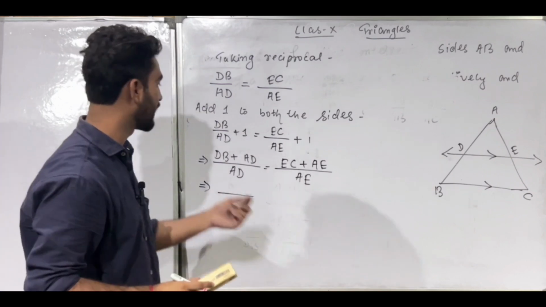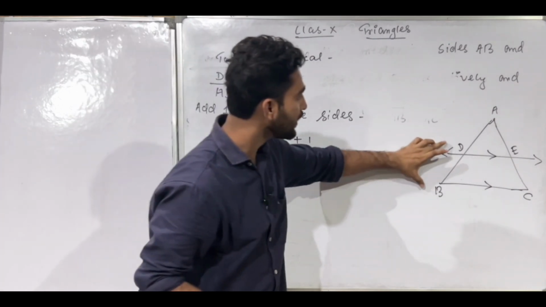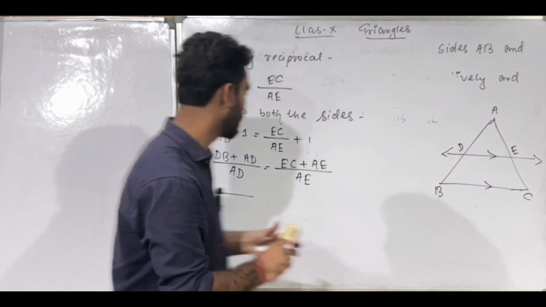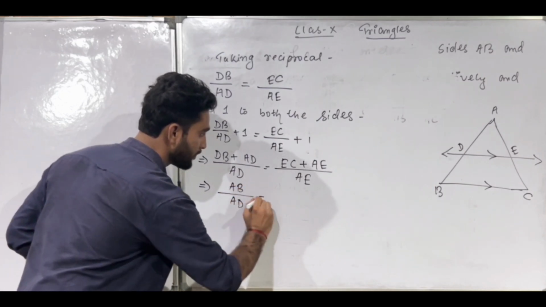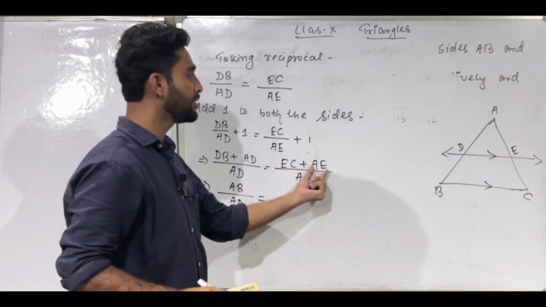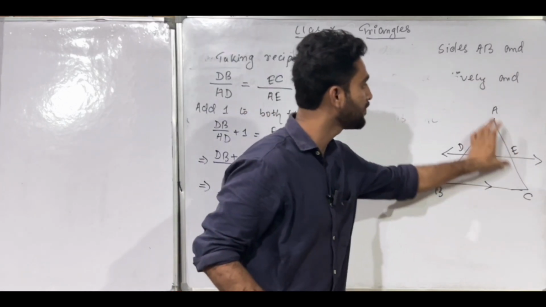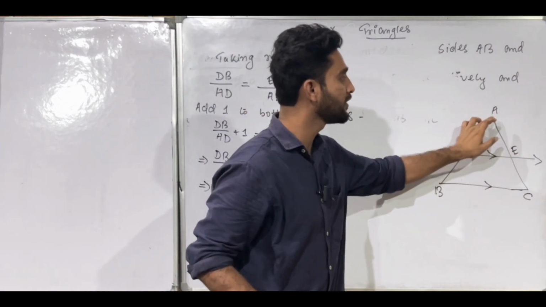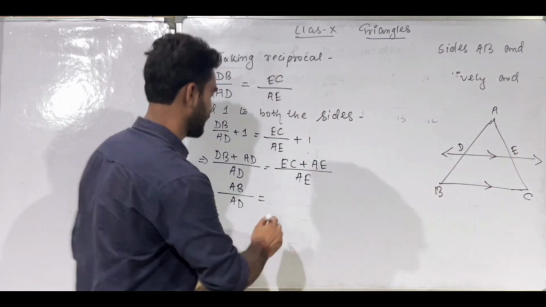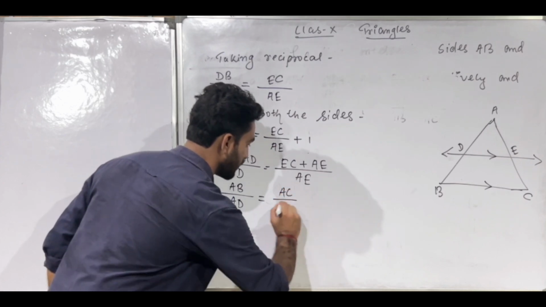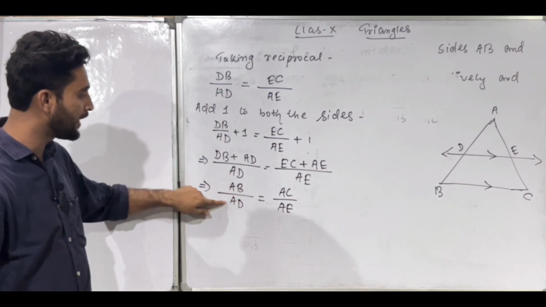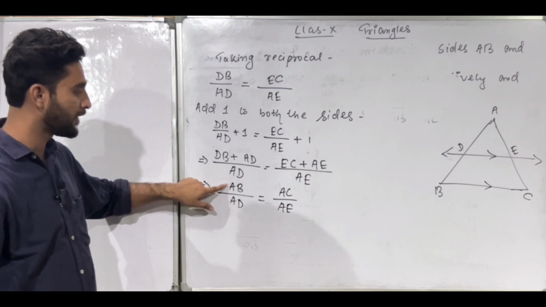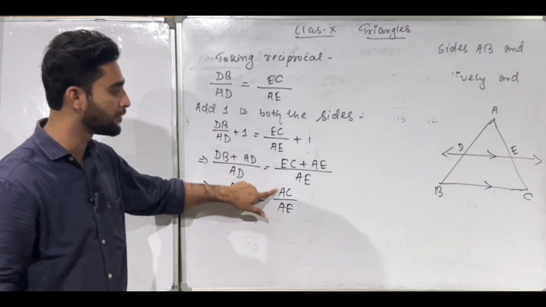Now look at the diagram. DB plus AD, if we add DB plus AD, what will we get? We will get AB. Now if we add EC plus AE, what will we get? We will get AC. Now what do we have to prove? We have to prove AD divided by AB is equal to AE divided by AC.